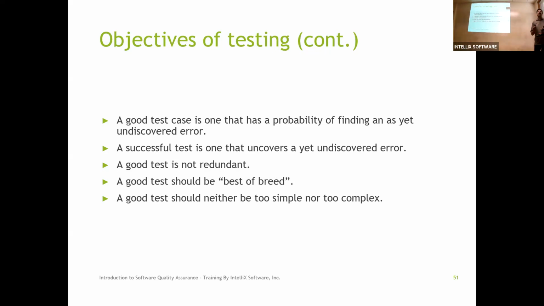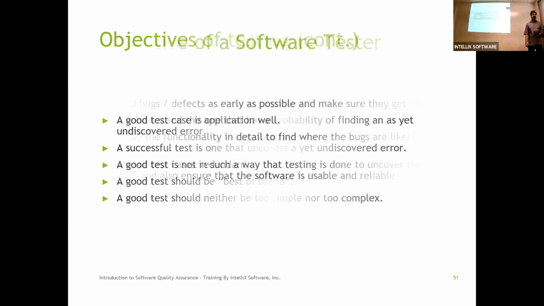Another aspect is that it gives you the ability to find an error in a new area, so it should not be redundant. And as we write the test cases, there are certain things you want to do. You don't want to make it too simple. At the same time, you don't want to make it too complex. We'll walk through the reasons why when we start writing test cases early next week.